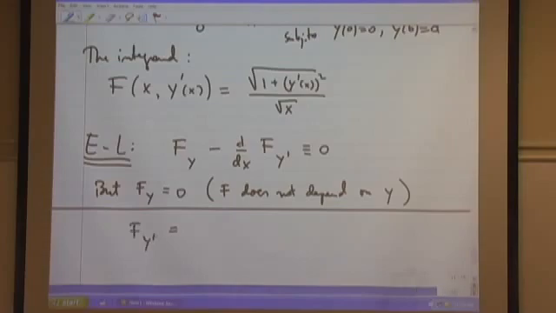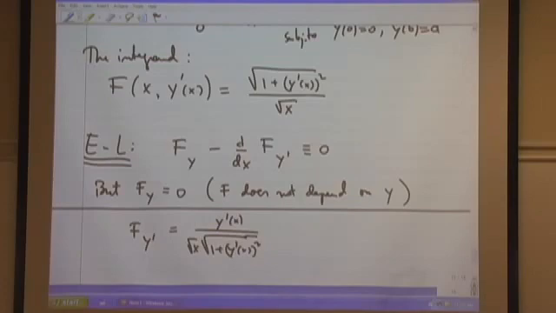And what's f y prime? I think we did this last time. It was y prime divided by the square root of 1 plus y prime squared. And of course, the square root of x stays as a constant when you take the partial derivative.